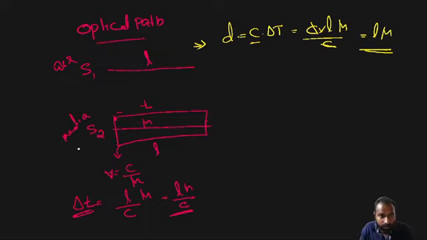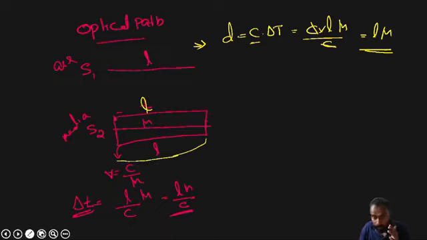In the second case, a medium of refractive index mu, the light ray takes delta t time to cover this whole glass slab, to travel a distance of L. It takes delta t time, but in the same delta t time, a light wave through this air has traveled a distance of L mu.